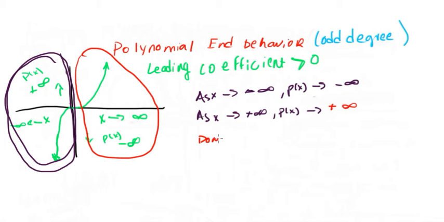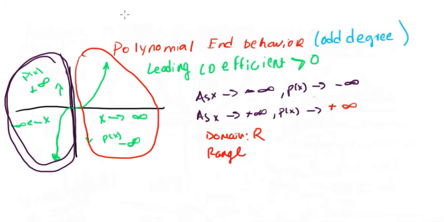Now, let's talk about what the domain and what the range are of these functions. The domain, well, the domain, of course, would be all real numbers, okay? Now, what is the range? Is the range all real numbers as well? Or do we have a limit as to how far up or how far down this polynomial function can go?